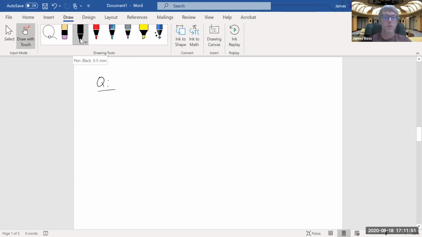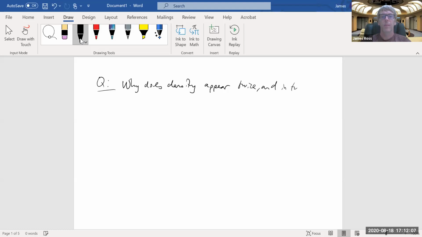So the question is, why does density appear twice and in two different ways in a continuity equation?